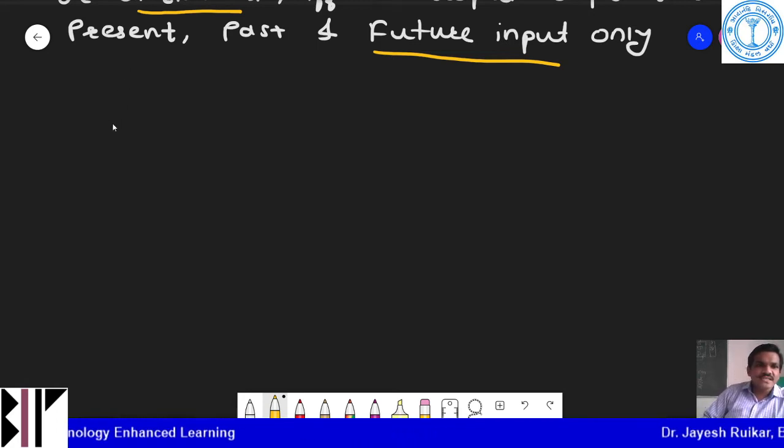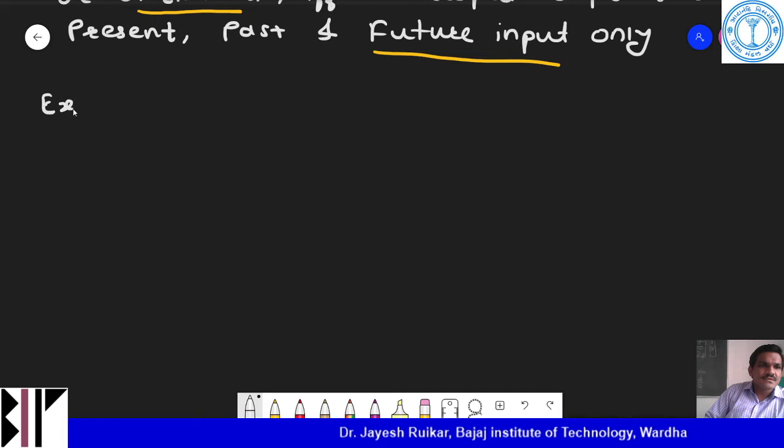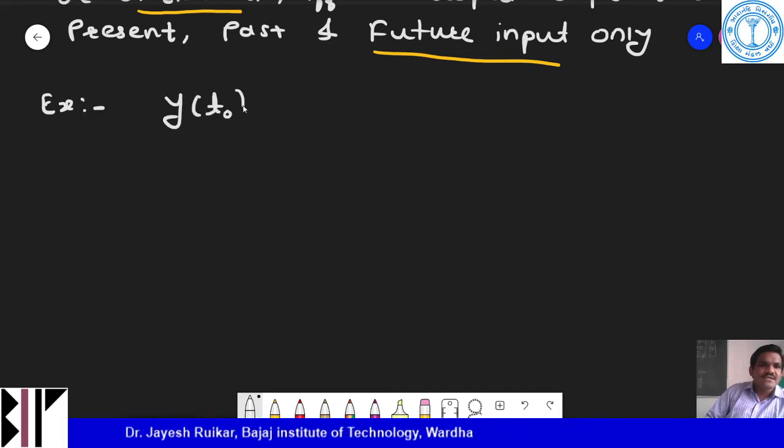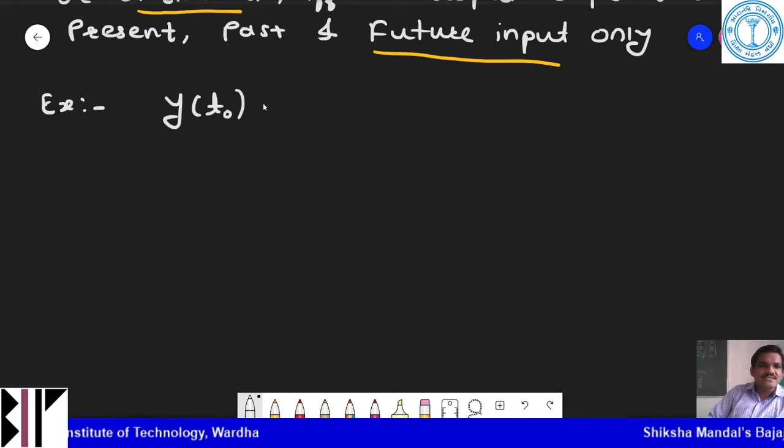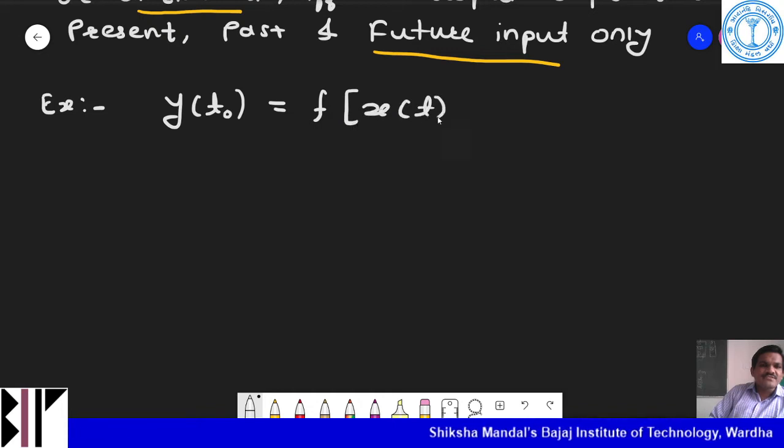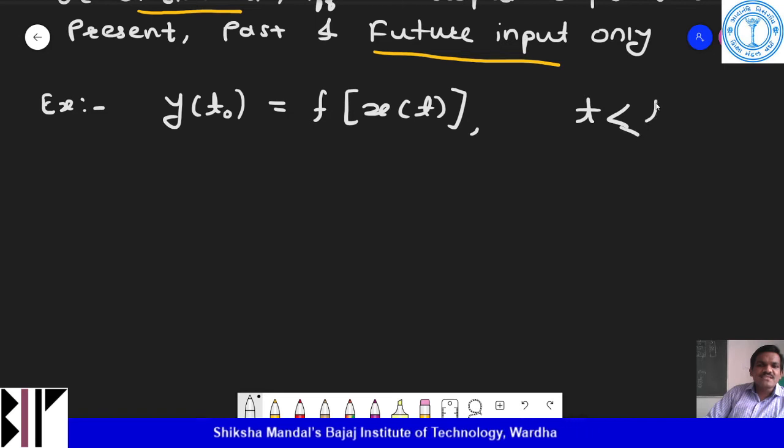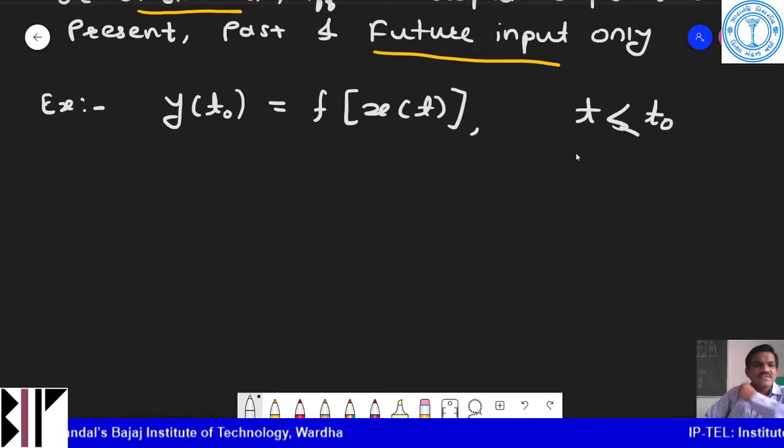Now let us take examples. Example: y of t0, the output at t0, is a function of x of t, where t must be less than or equal to t0.